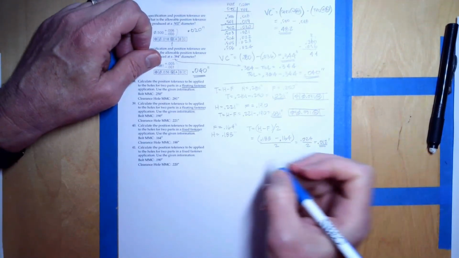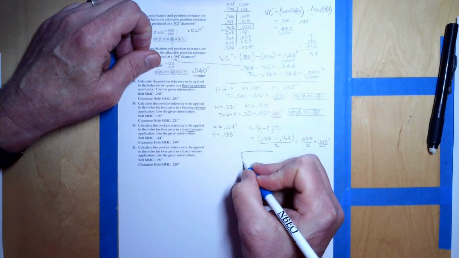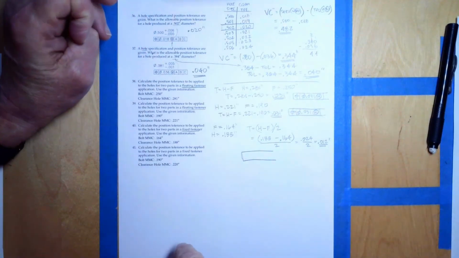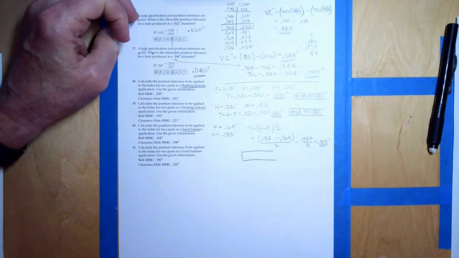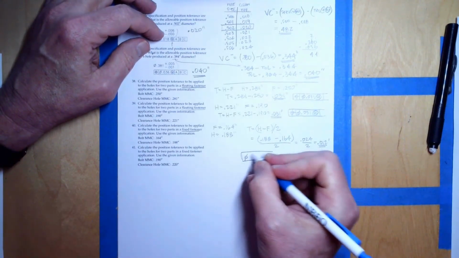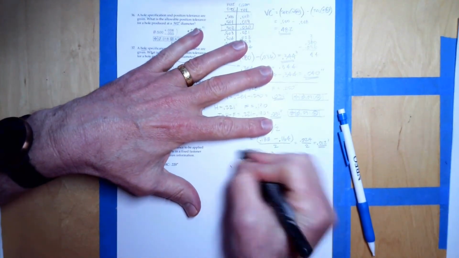Okay, so the feature control frame for the holes, both the threaded hole, the tapped hole, and the clearance hole, is going to be, start over again.